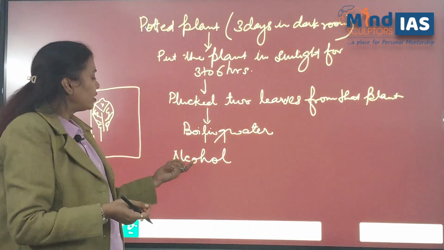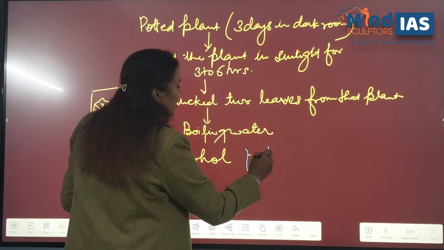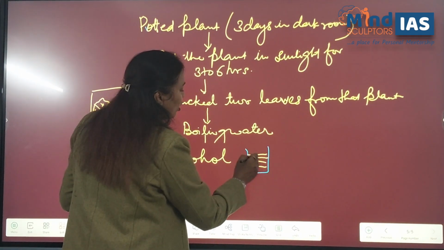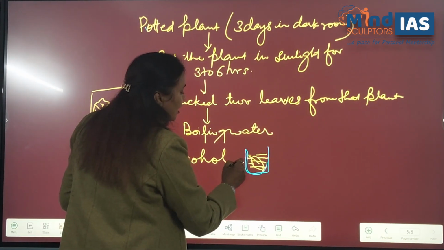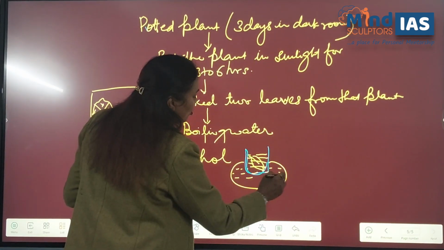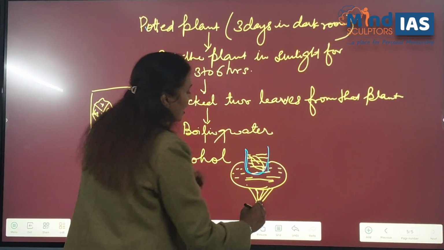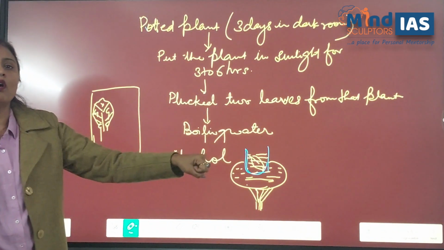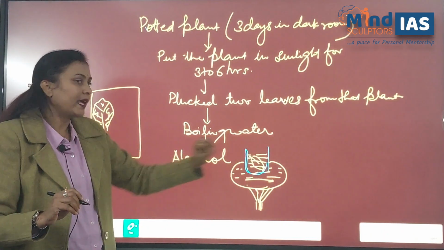So suppose you have taken a beaker in which alcohol is there. In this alcohol you put the leaf which you plucked and then you put the beaker into a water bath, or you can say a container which you have put on a stove for heating. So we are not going to put the alcohol directly on the flame, rather we use a water bath for this alcohol.